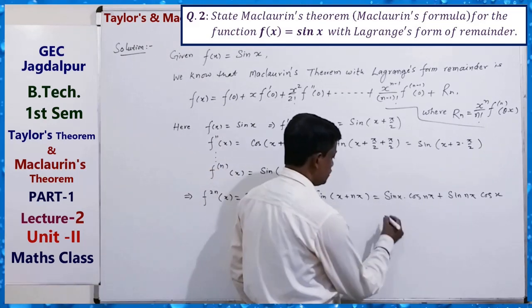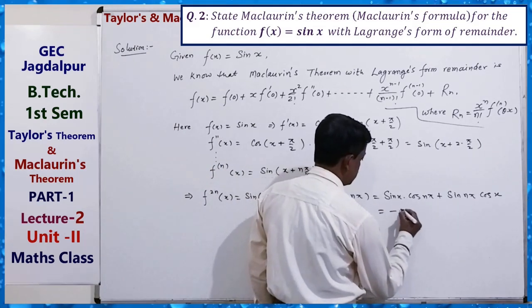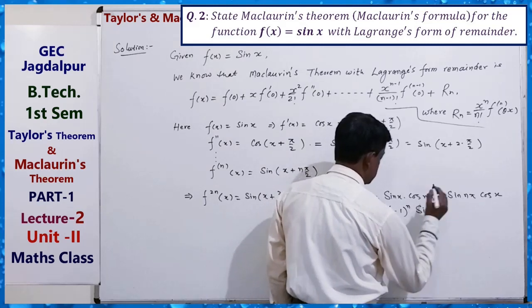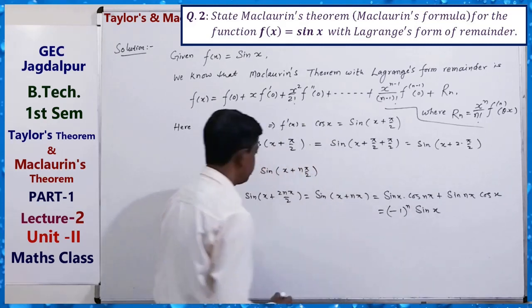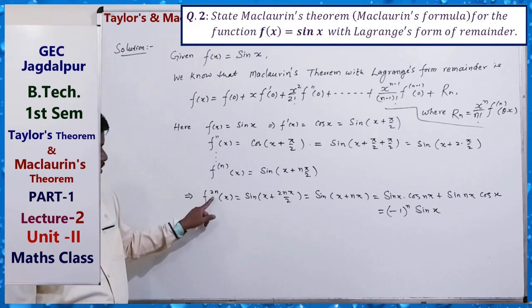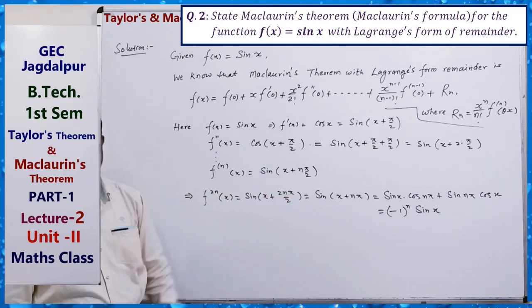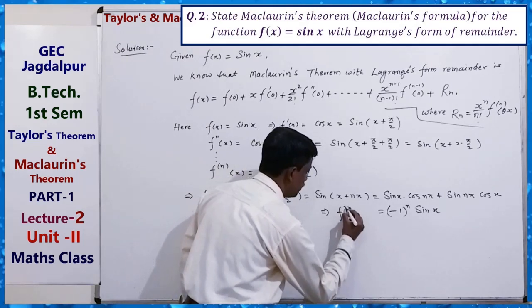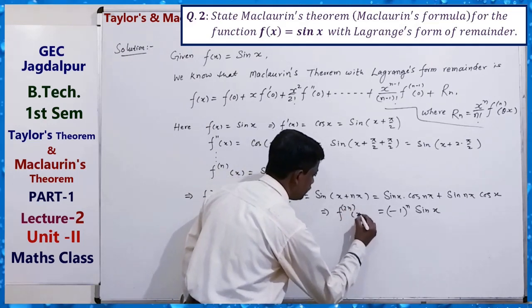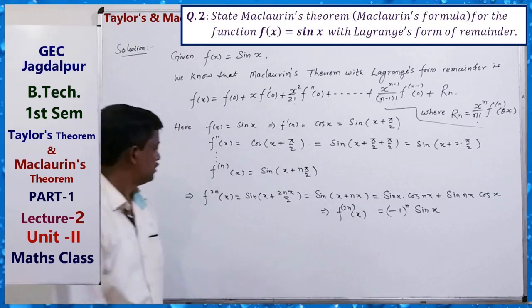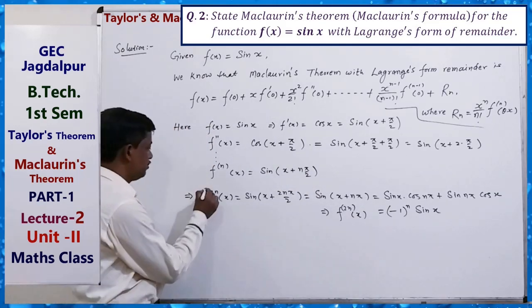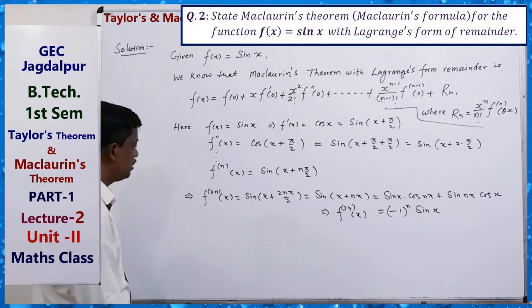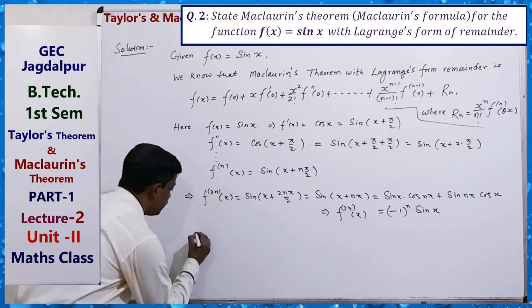So we get f^(2n)(x) equals this: the even order derivatives, and similarly the odd derivatives also.